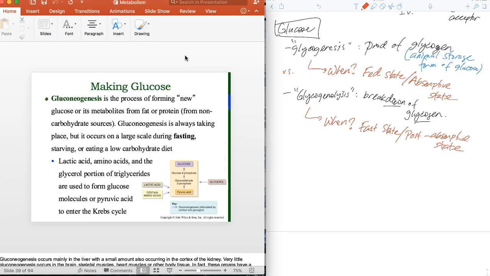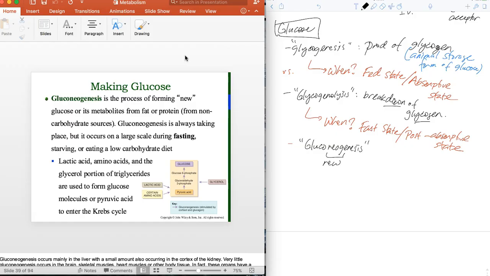There's a weird one called gluconeogenesis, and this is now actually producing new glucose. So this will sometimes happen along with glycogenolysis. So the third one is gluconeogenesis.